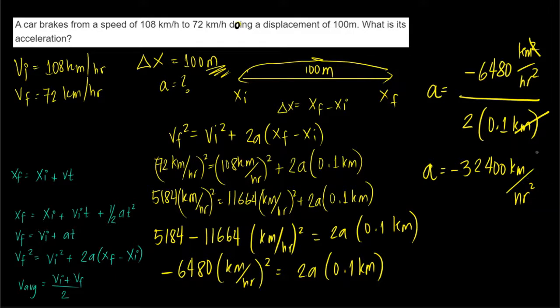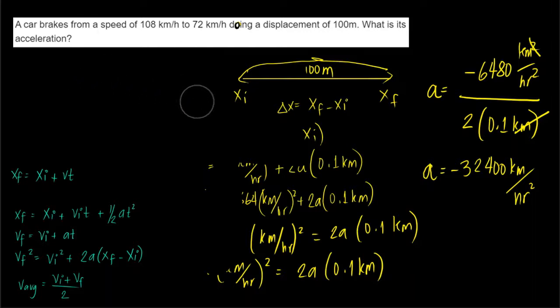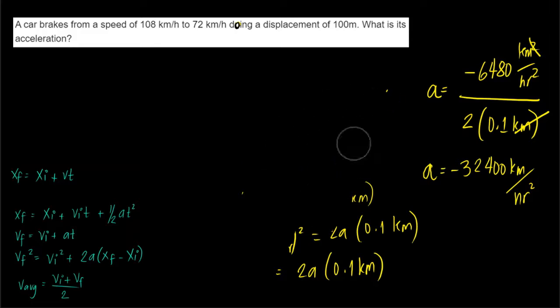So, this is still acceleration. This is legit: you have meters on top, a unit for distance, and then a unit for time at the bottom, hours squared. The problem is, convert it into meters per second squared, a form you are familiar with.